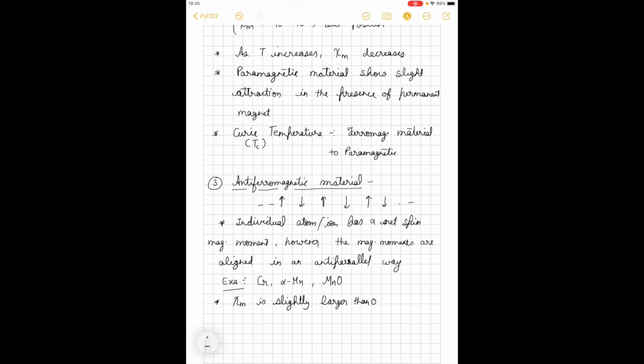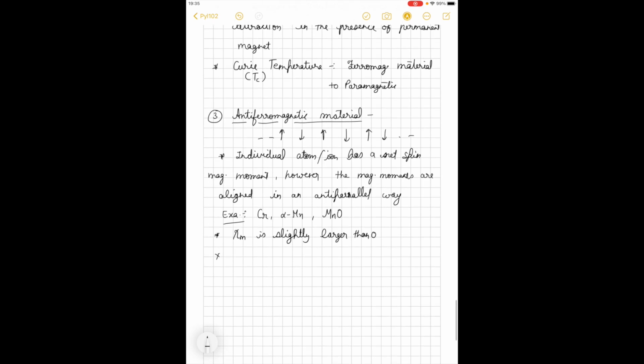So if we heat an antiferromagnetic material, eventually all the antiferromagnetic coupling will be destroyed. Antiferromagnetic coupling means this arrangement where the spins are arranged in an anti-parallel way.